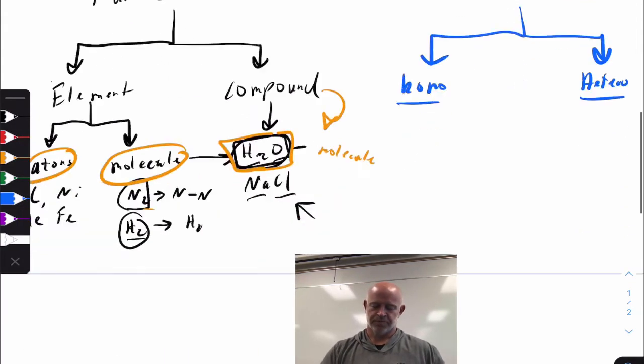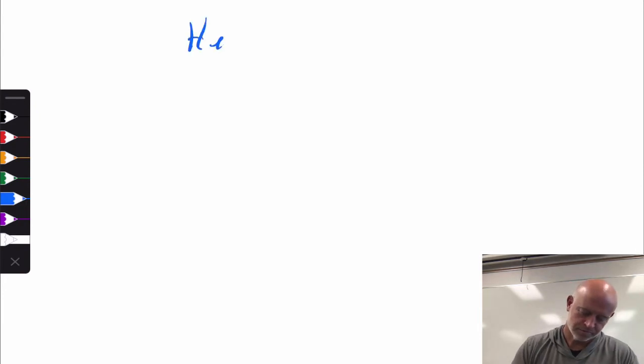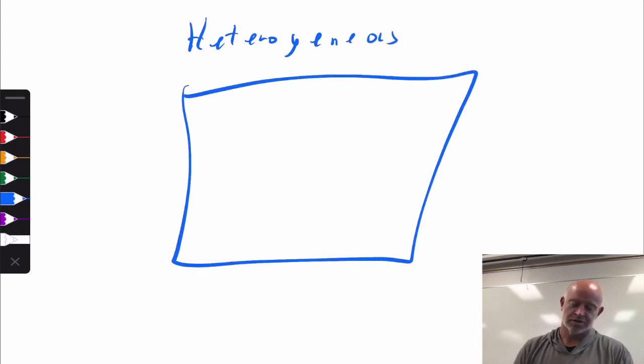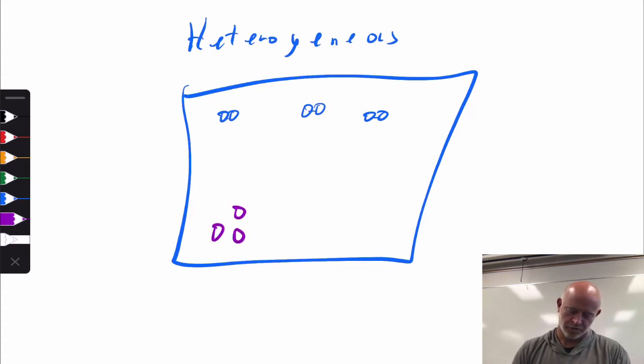Okay, often you'll see people when they draw hetero type of stuff, if they're trying to draw something heterogeneous, they'll put in like, you know, one substance here and here, maybe bond them together like this. And then they'll make an obvious second substance and they'll group them as such. So you don't see even distribution.